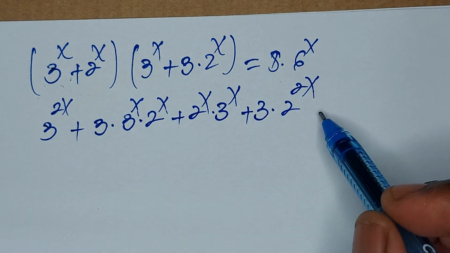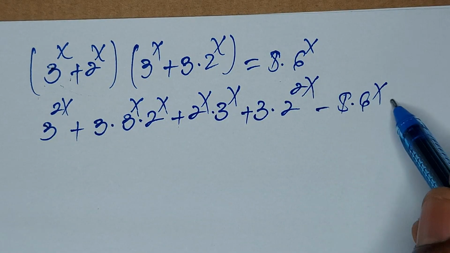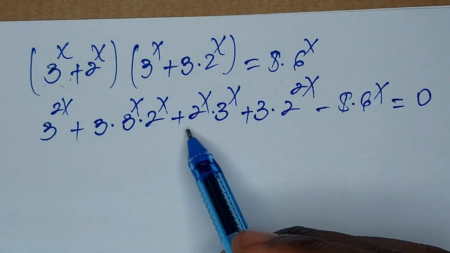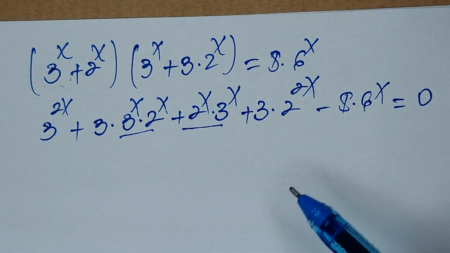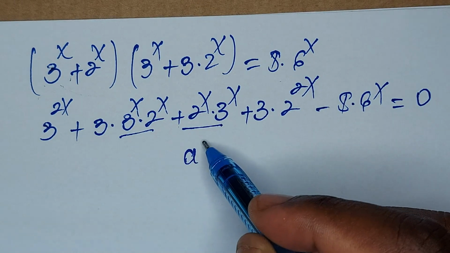And let me bring this to this side, and this is going to be minus 8 times 6 to the x equals 0.